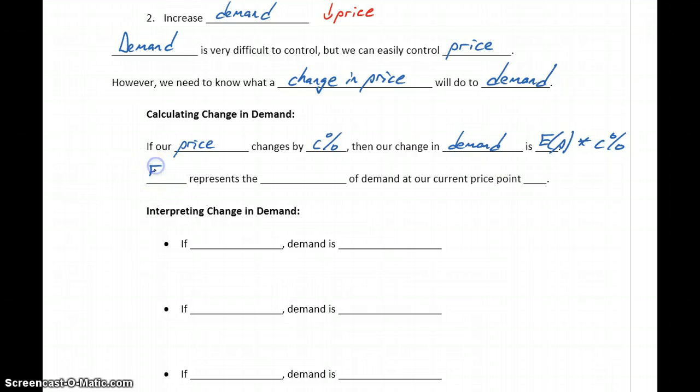And in that expression, E of P represents the elasticity of demand at our current price point P. So essentially there's a number that we want to calculate. We multiply that by that percent change in our price, and that's going to tell us what's going to happen to our demand.